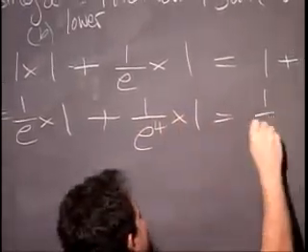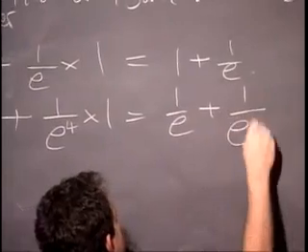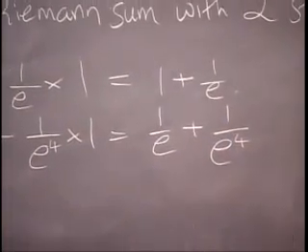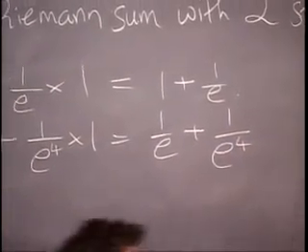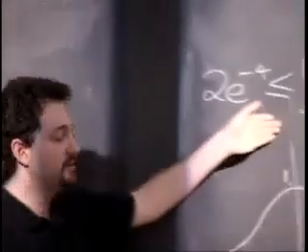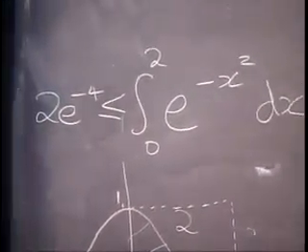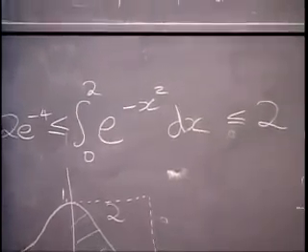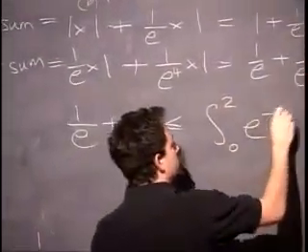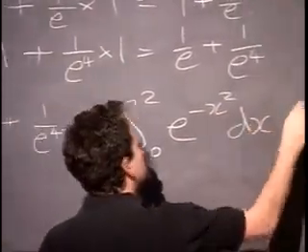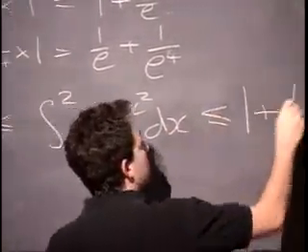So it's 1 over e plus 1 over e to the 4th. And so we've actually improved the previous estimate from over here. We don't need to linger on it, but just remember what it was. We've improved this: the lower sum is less than the true value of the integral, whatever that is, which is less than the upper sum.